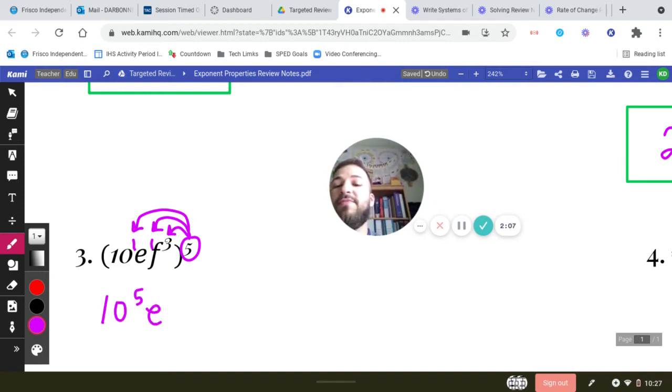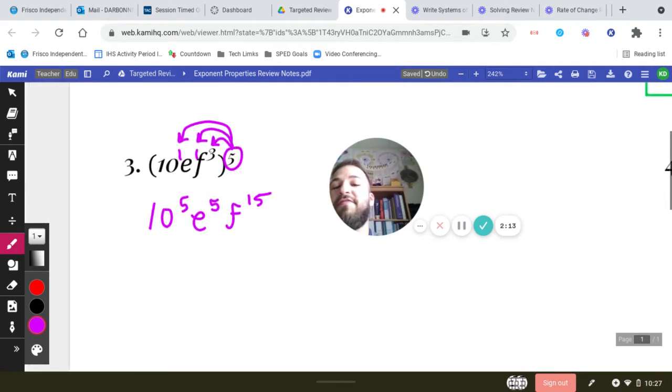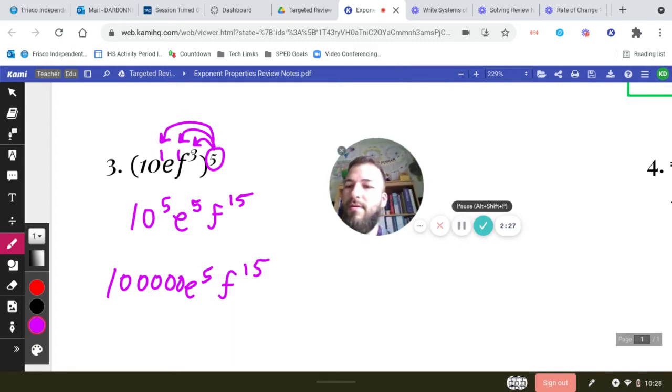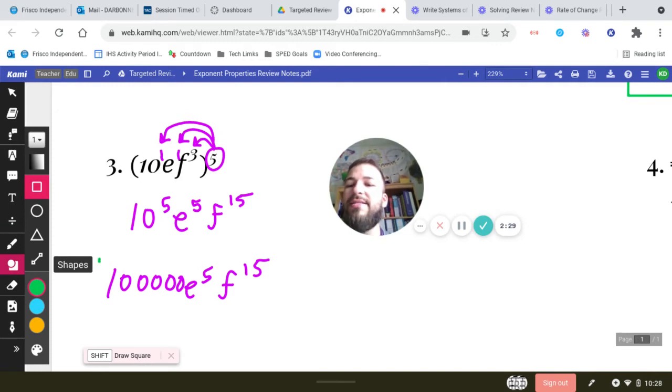E to the 1st times 5, that becomes e to the 5th. F to the 3rd times 5 becomes f to the 15. And then I can leave it like that, or of course this is 100,000. E to the 5th, f to the 15th. And that is it. Nice and simple and straightforward.